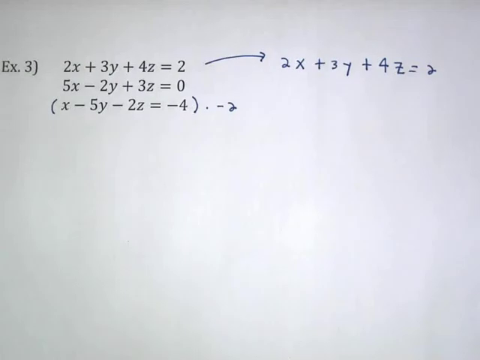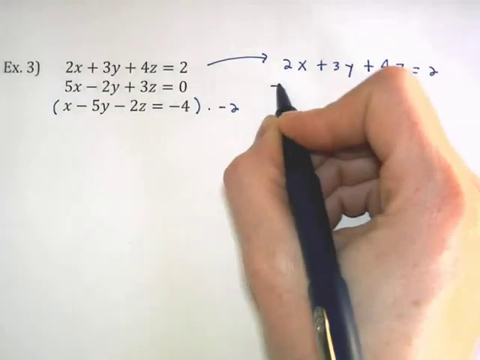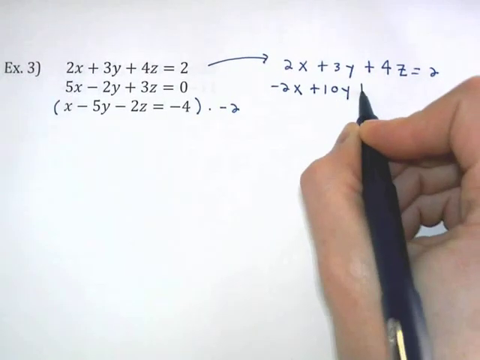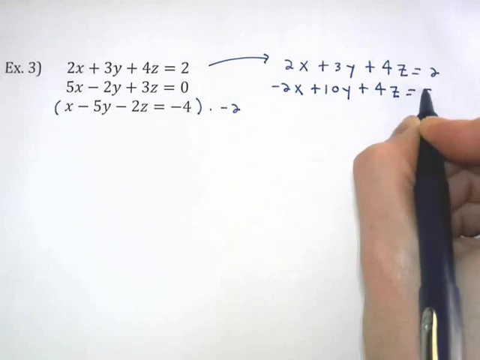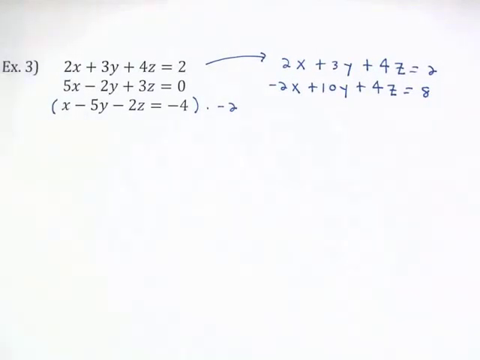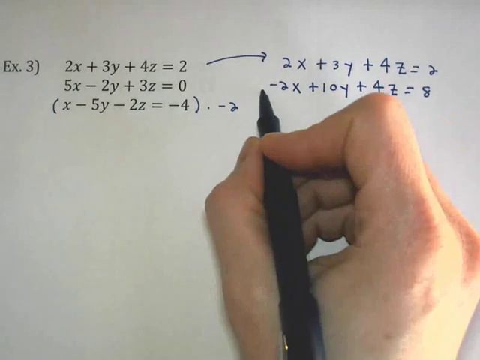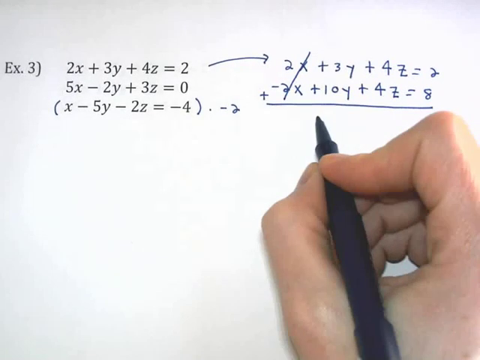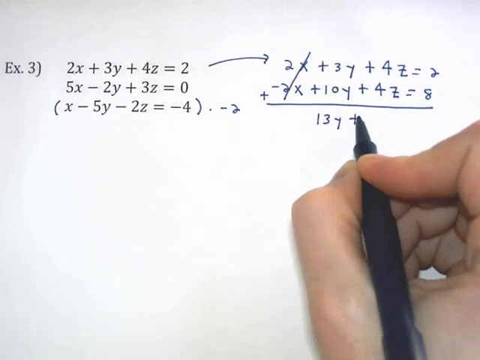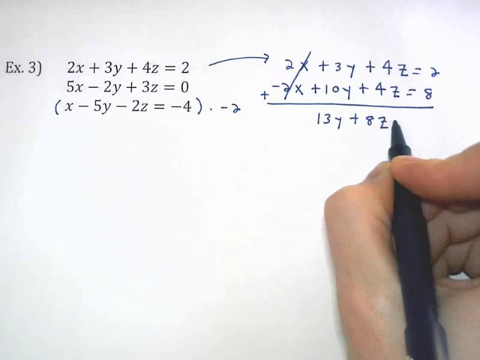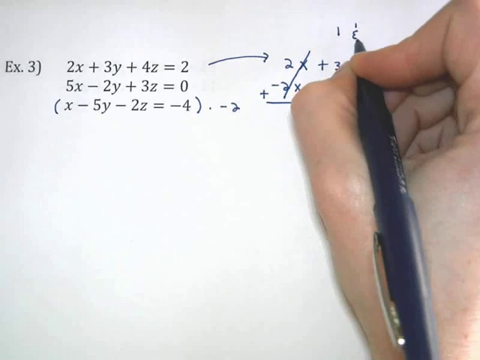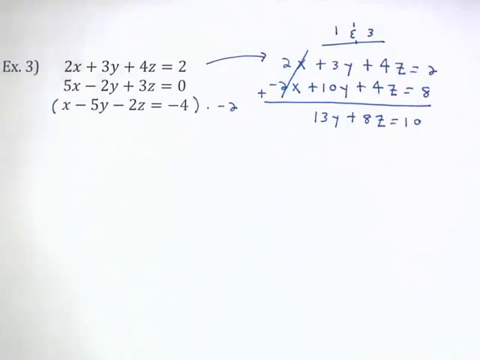Now here, when we multiply this whole equation by -2, we're going to get -2x plus 10y plus 4z equals 8. And so we have the opposite x's that we were looking for. So those are going to be eliminated, and we have 13y plus 8z equals 10. And just a note to self here, this was for equations 1 and 3.